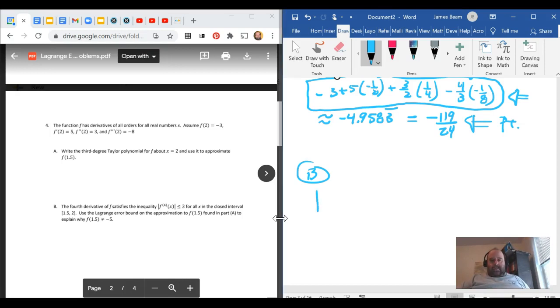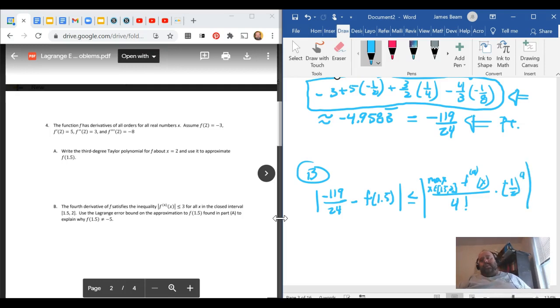So I know that the difference between negative 119 over 24 and the actual value of f of 1.5 is less than or equal to the absolute value of the max, as x is on 1.5 to 2, of the fourth derivative of x over 4 factorial times, and so the largest possible value here is going to be negative 1/2 to the 4th, right?